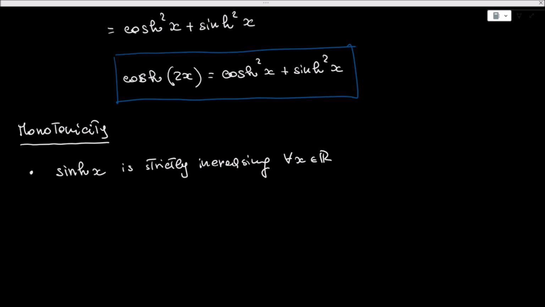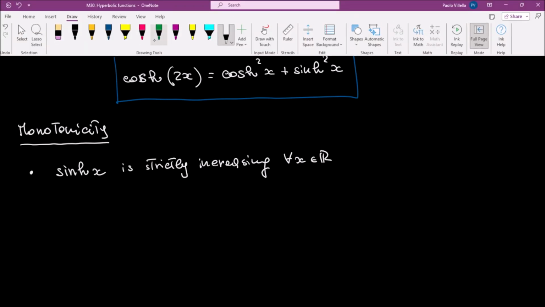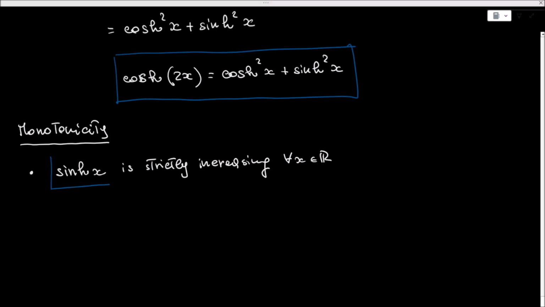In fact, we know that hyperbolic sine of x is defined for every x on the real line, and we are saying that this function is strictly increasing. So this is the first property. Let me highlight this first property, and now I will prove this. Now, why is that?